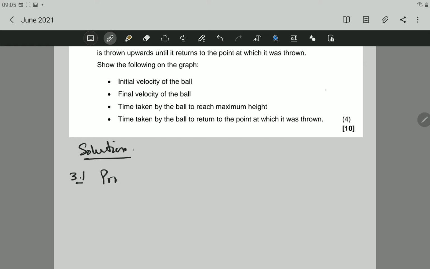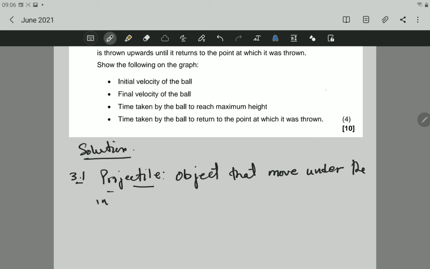Solution 3.1. What is a projectile? A projectile is an object that moves under the influence of gravitational force only.